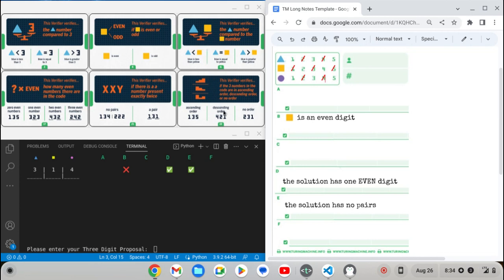Similarly, if it was the other case where it's descending, where triangle is large and then square gets smaller and circle gets smaller, that would mean that triangle is larger than square, and again making this card irrelevant. So for that fact, we'll state that we're going to deduce that the solution has no order.